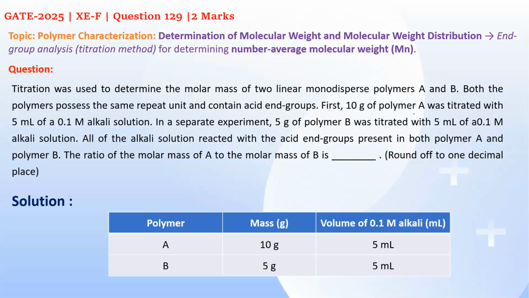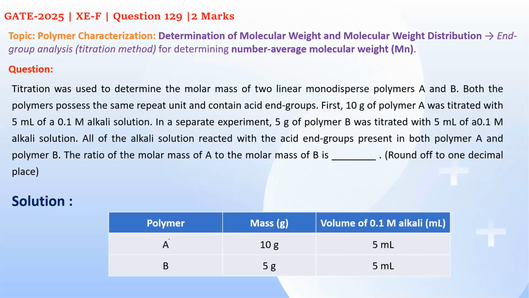In this question, we have to find the ratio of molar mass of polymer A to molar mass of polymer B, rounded up to 1 decimal place. Given are polymer A and polymer B, with masses 10 gram and 5 gram, and the volume required to titrate is 5 ml and 5 ml.